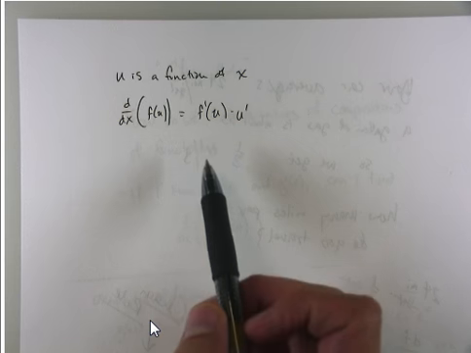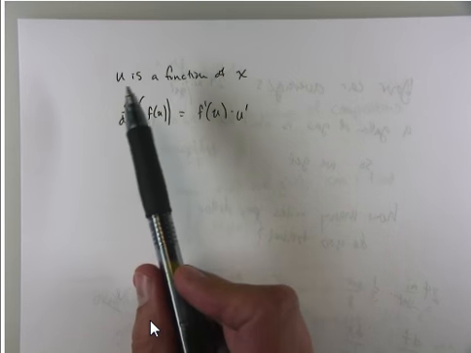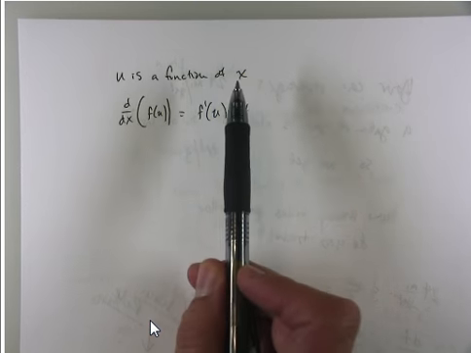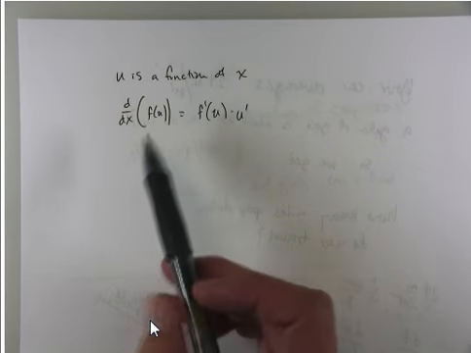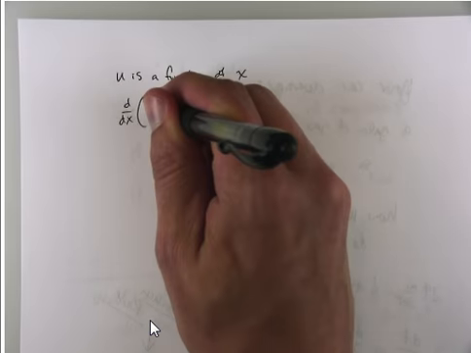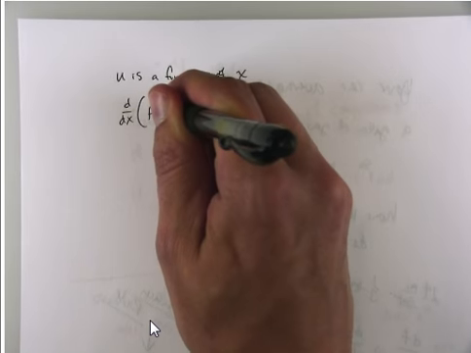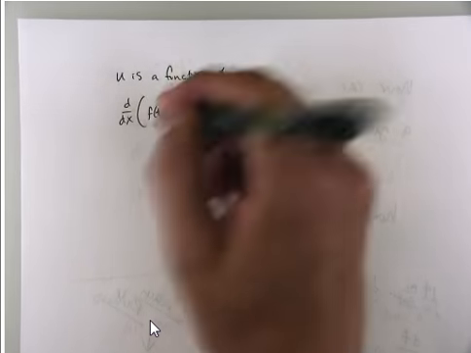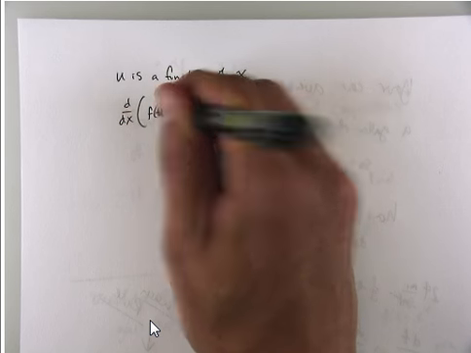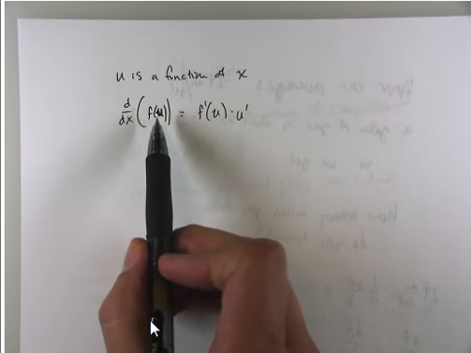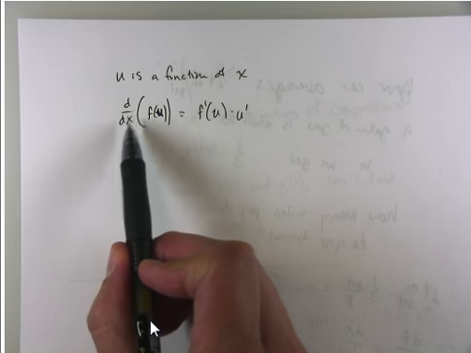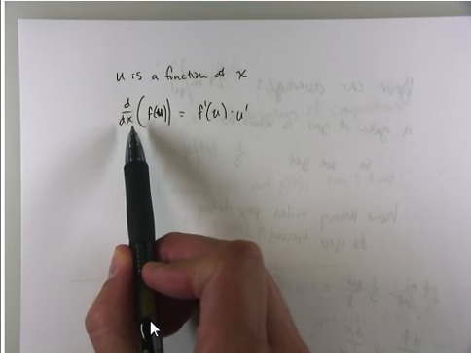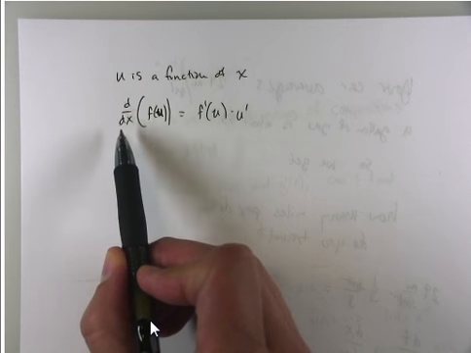I think it's a little bit cleaner. I'm thinking of u as a function of x. So you give me a value of x, and I will give you a value of u. And this is f of u in here. So here I have a function of u, but what's really happening is I'm taking the derivative with respect to x. Notice u is not x.